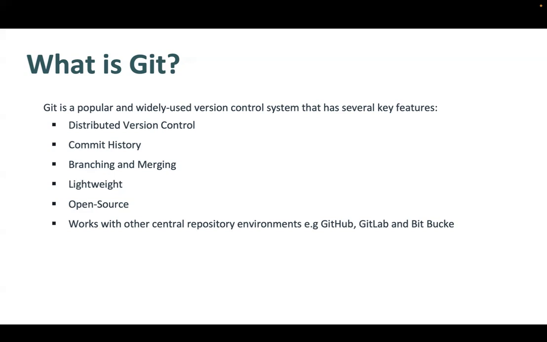And it works with other central repository environments like GitHub, GitLab, and many others. So now you understand what a central repository is and what GitHub is. GitHub is a central repository, a folder out there in the cloud that can be accessed by multiple people.